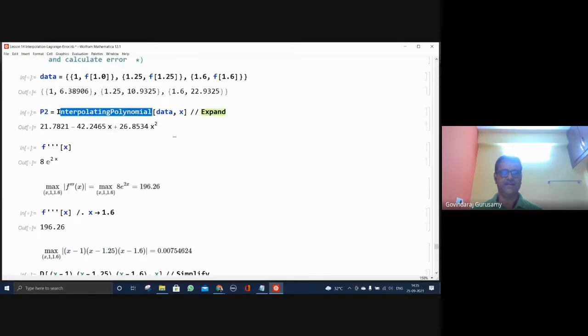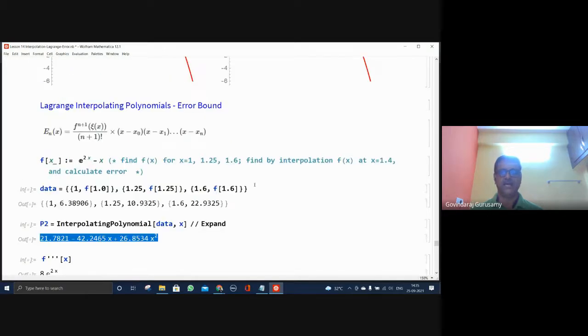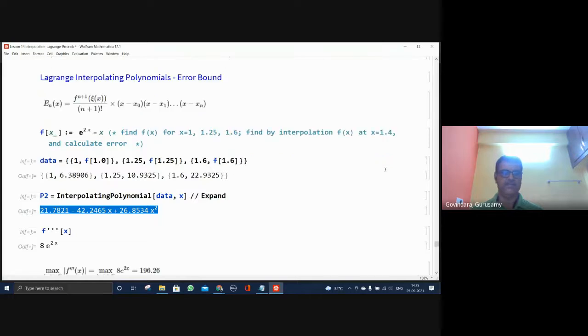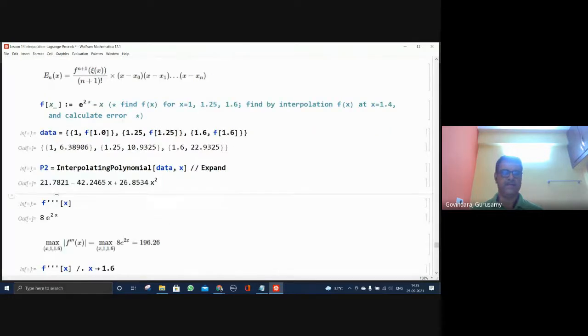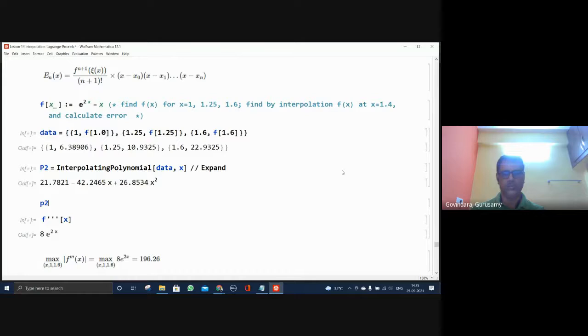This is your interpolating polynomial, and P2 can be used to find out the value at x equal to 1.4.